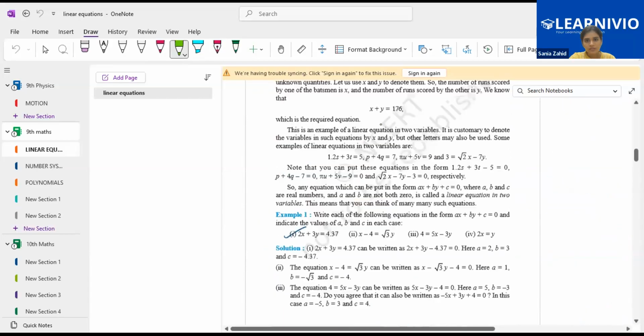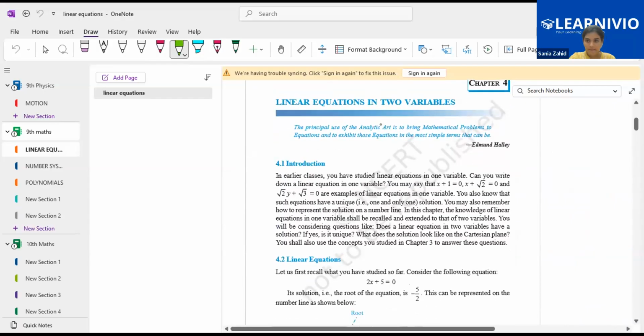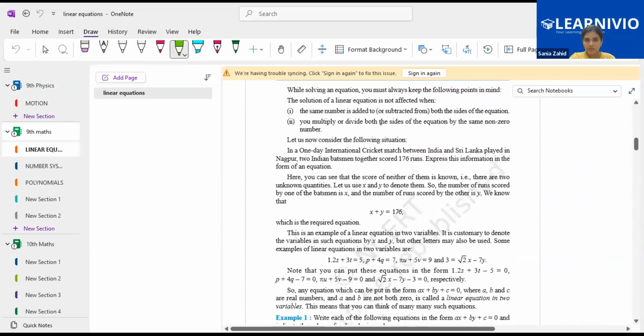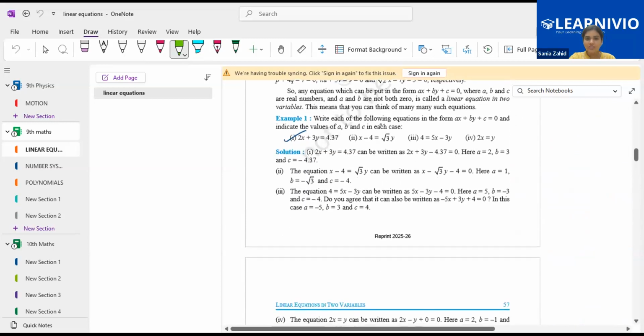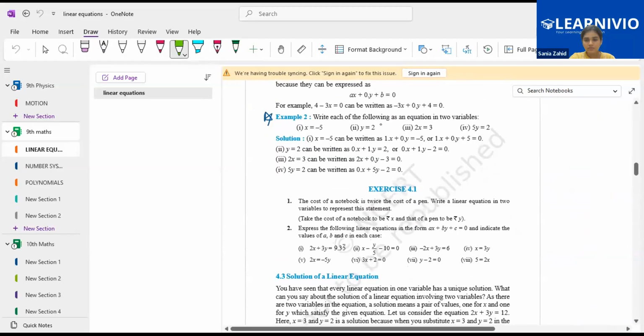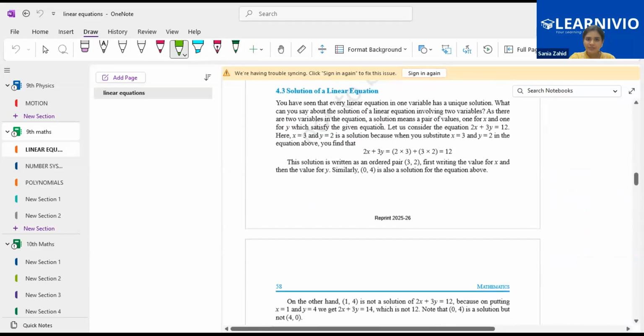No, ma'am, we didn't do linear equation. Number system and polynomials. Yeah. We have done number system and polynomials. Okay, fine, children. Yeah, children, I understand. Please stop repeating, Ammar. 1 second.